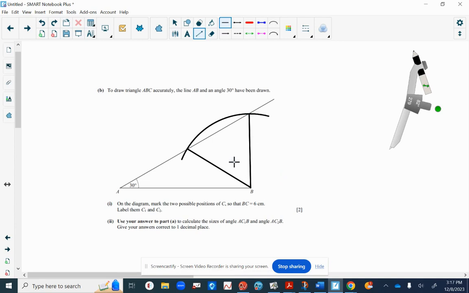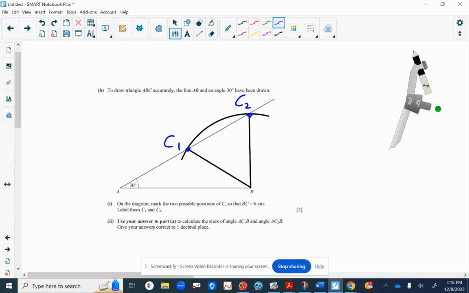So we don't know which is which. We've been told to label the first one C1, so I'm going to do that because I'm a good boy. And the second one is called C2. There we go. I might even mark them with a point. So those are the two possibilities.